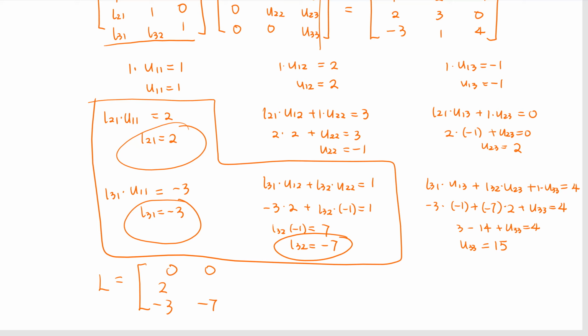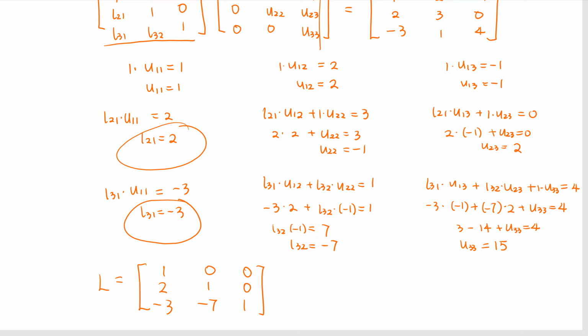So the position matches the position in the matrix. That's why I suggest you organize it this way. When you put down the numbers, the positions in the equations are exactly the positions of the entries in the matrix. Sorry, the diagonal entries are ones. Okay, this is L. And then how about U?